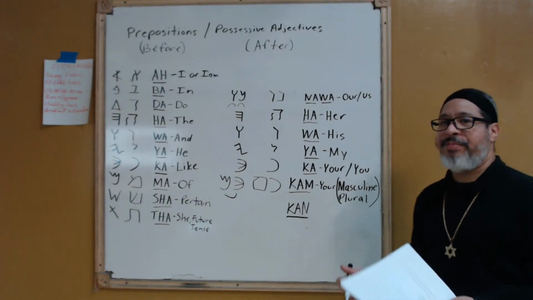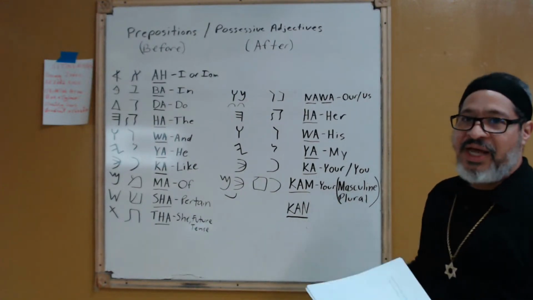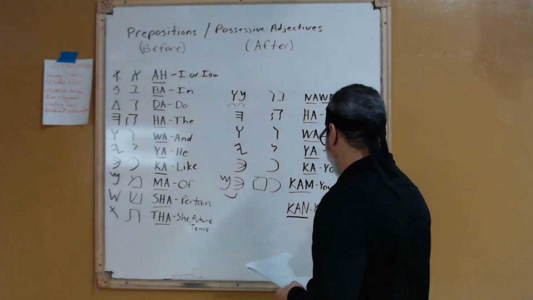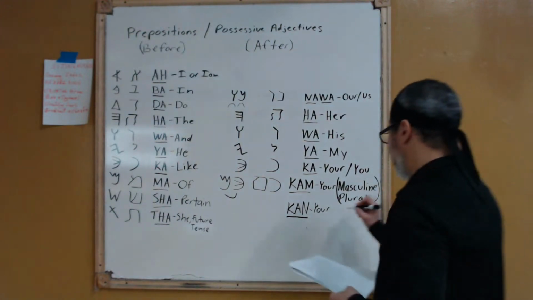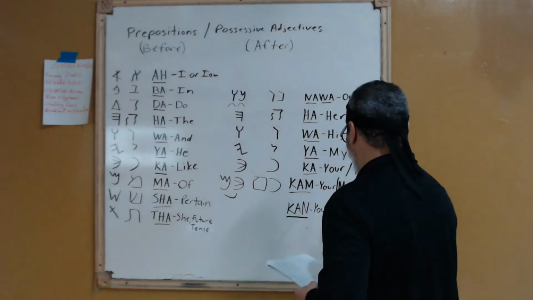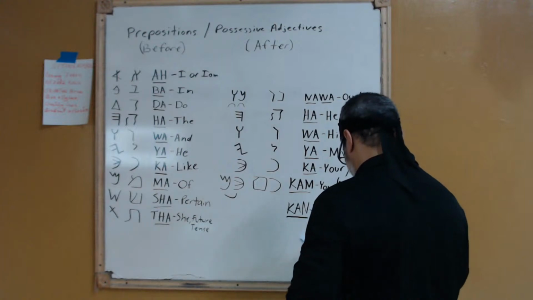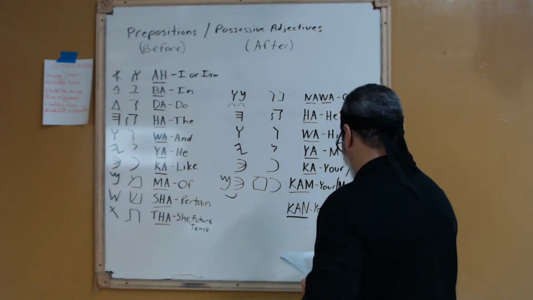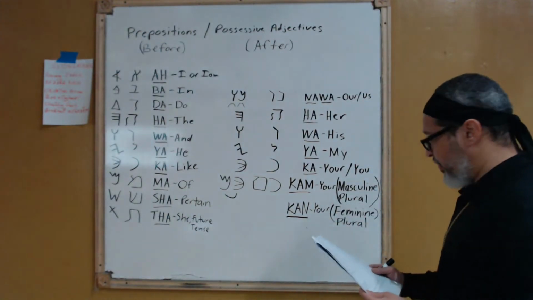It's like when we say "atum", that's masculine plural, and when we say "aton", that's feminine, because it's the N. So this would be "your", feminine plural, and this will be "kan".